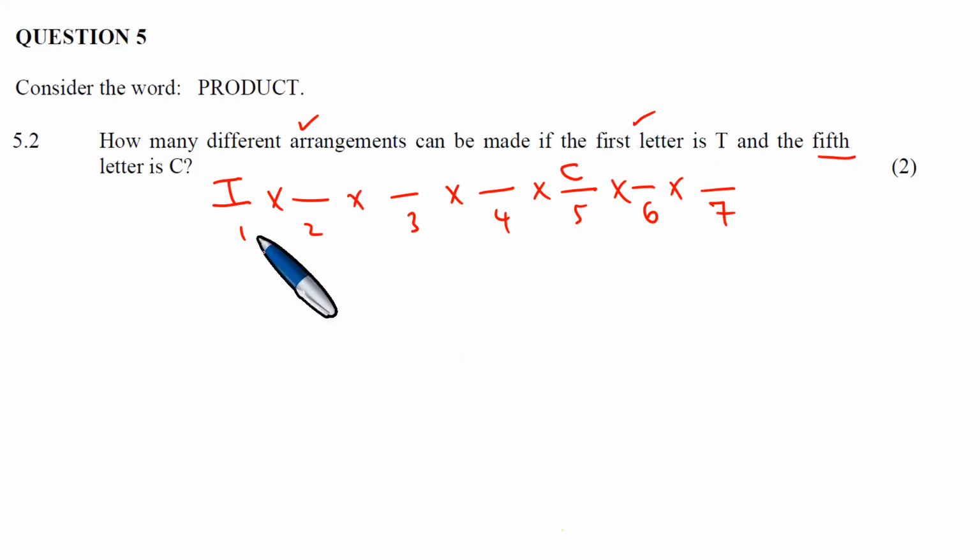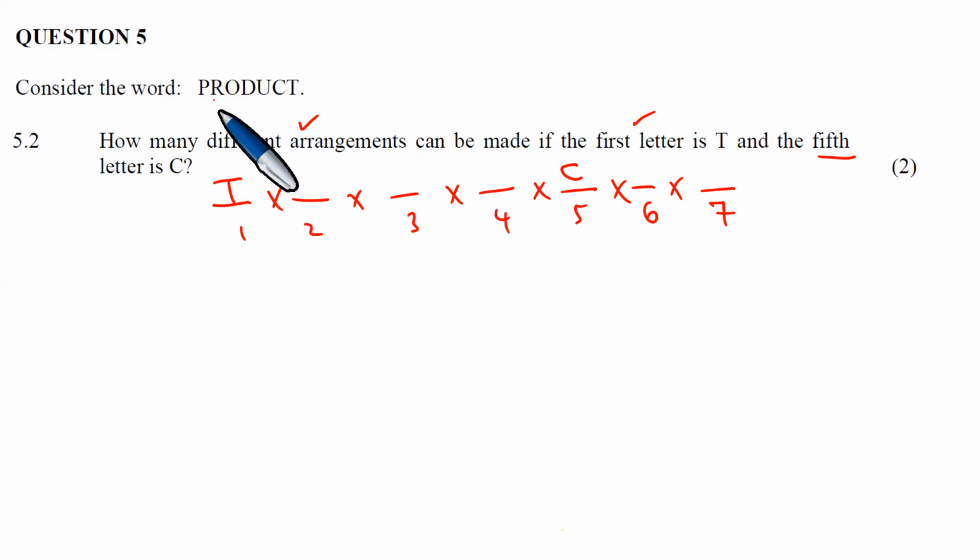So now it means that if we make the first letter T and the 5th letter C, what do we have? Okay, and let's count and calculate the arrangements in mathematics.